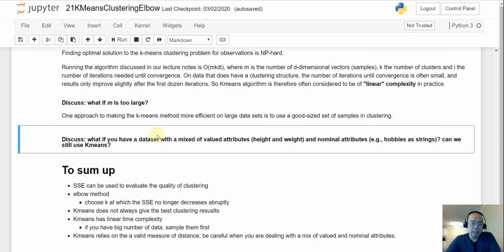And the last thing is that k-means relies on a meaningful distance measurement. If you don't have that, you may have to work on this first before you move on and do the k-means.